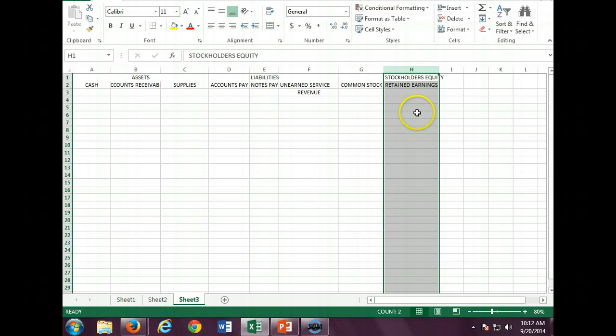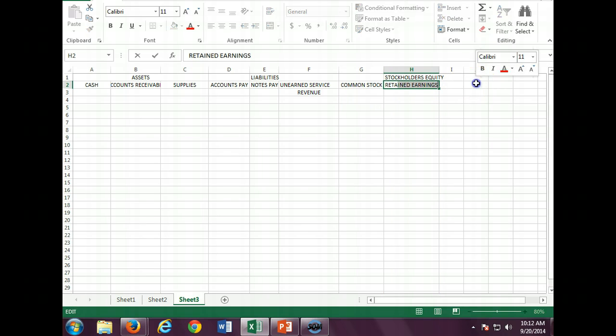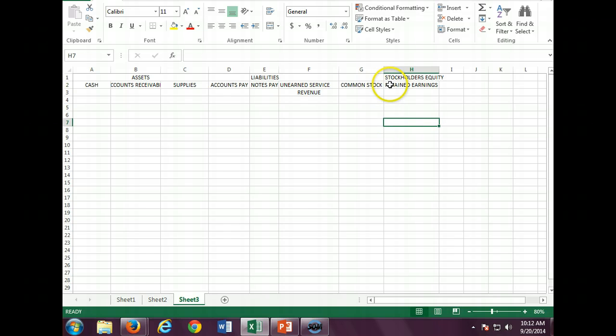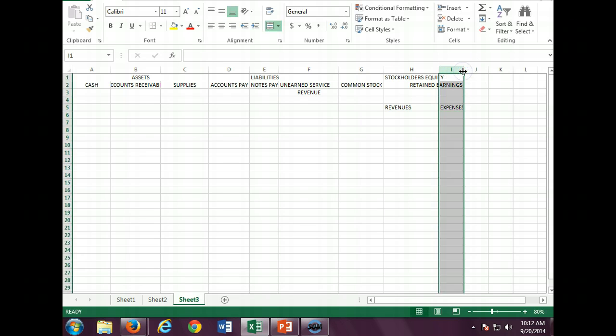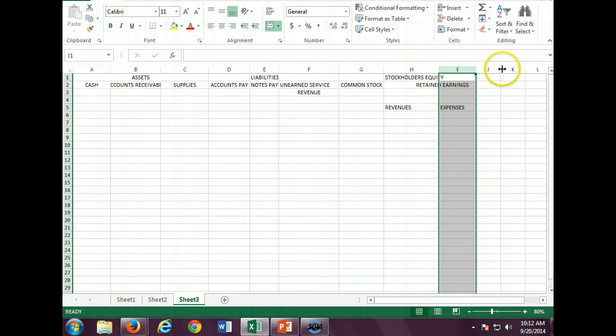And then part of the retained earnings is going to be, let me see how to do this. Part of the retained earnings is going to be revenues. I'll bring it down here. Expenses, right? Dividends.